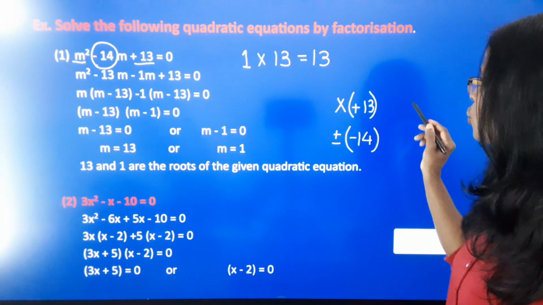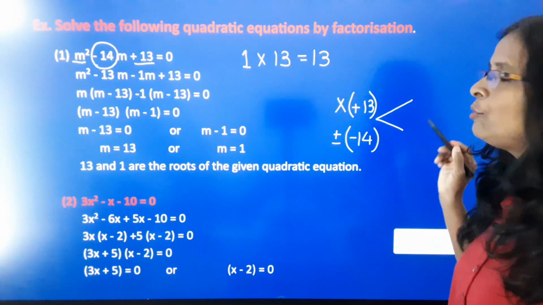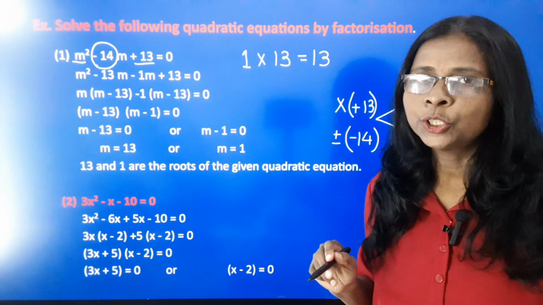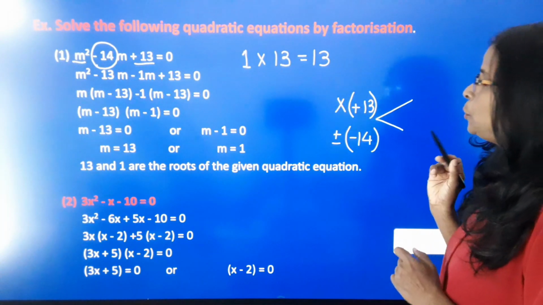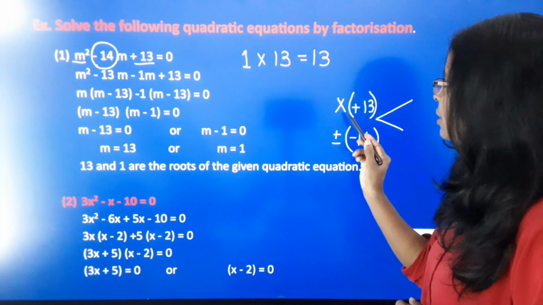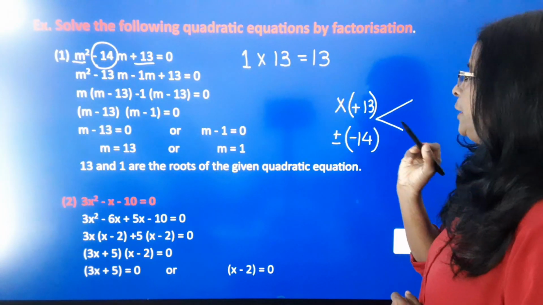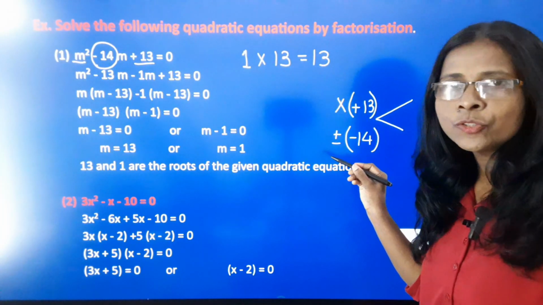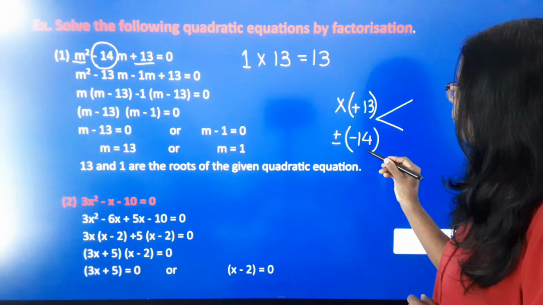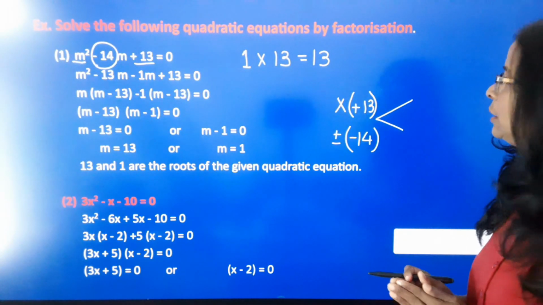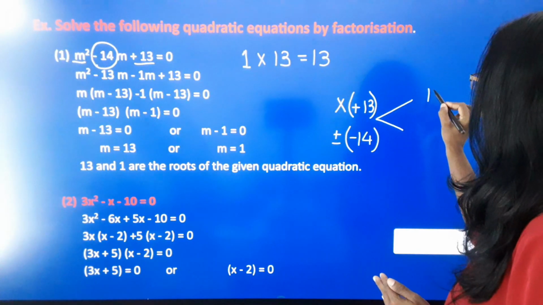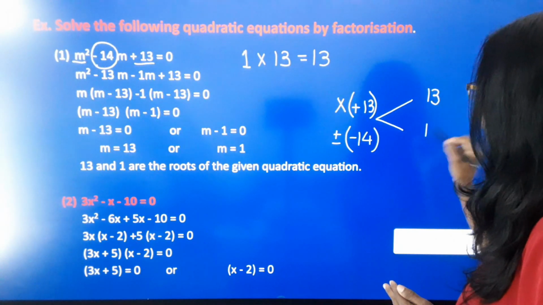Which are these two numbers that fulfill these two conditions? Find two such numbers having the product positive 13 and addition or subtraction would be minus 14. Those numbers will be 13 and 1.